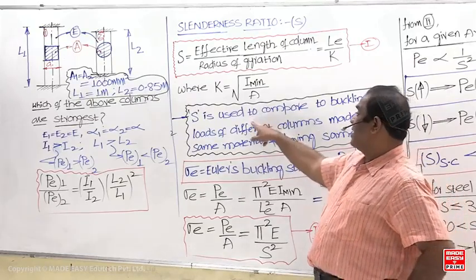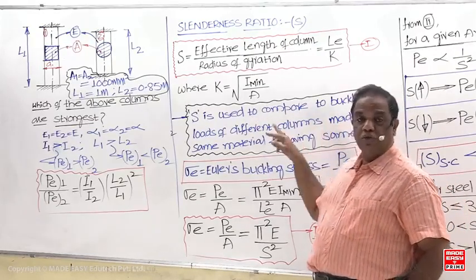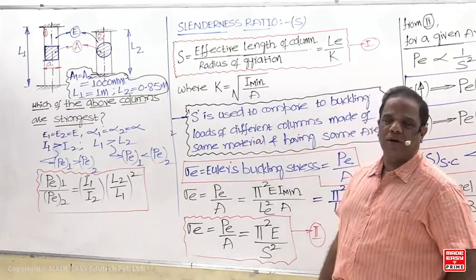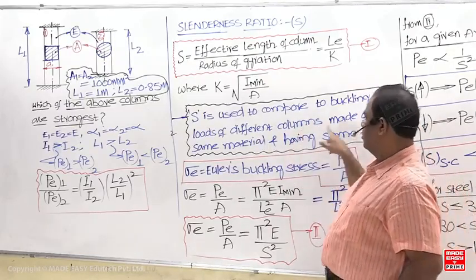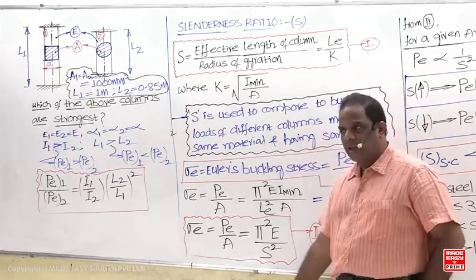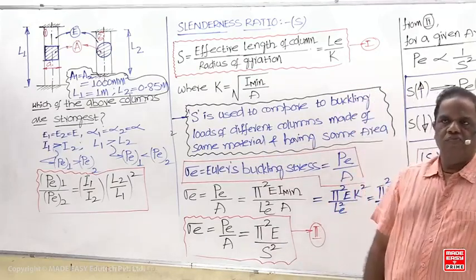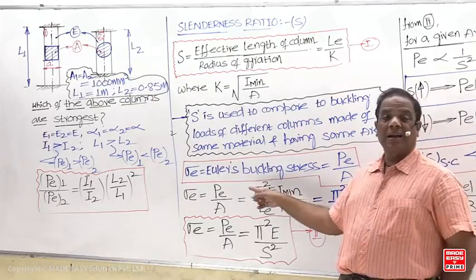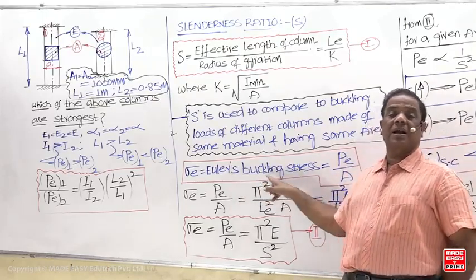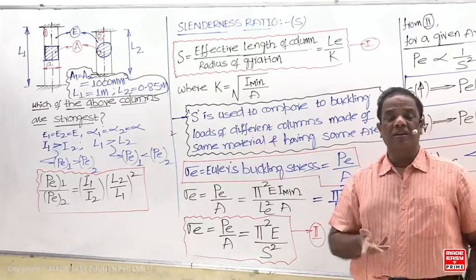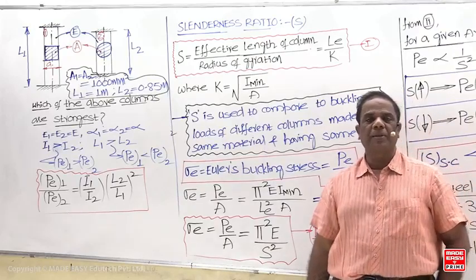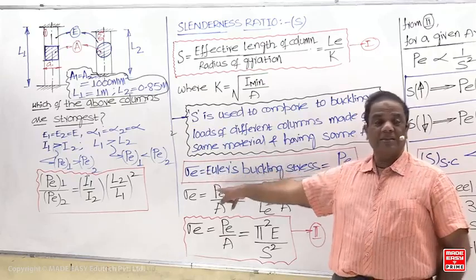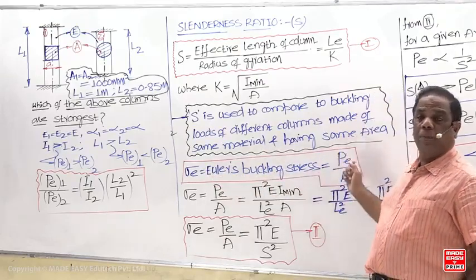Now, slenderness ratio is used to compare buckling load of different columns made of same material as well as same area. Buckling stress, sigma, is buckling load, which is the axial compressive load, upon area. So buckling stress is buckling load upon area.